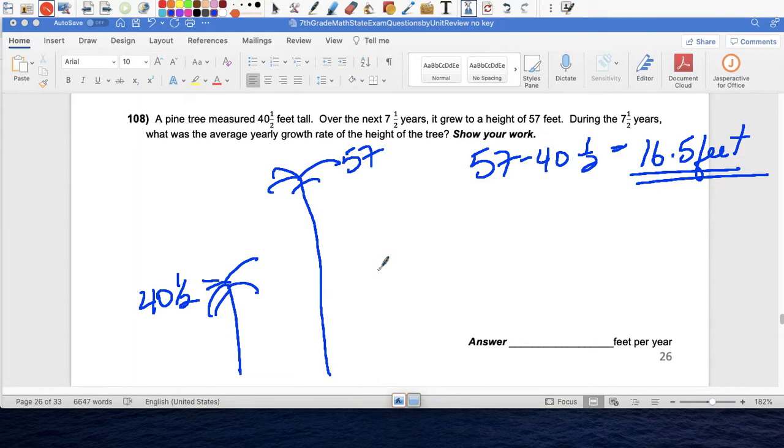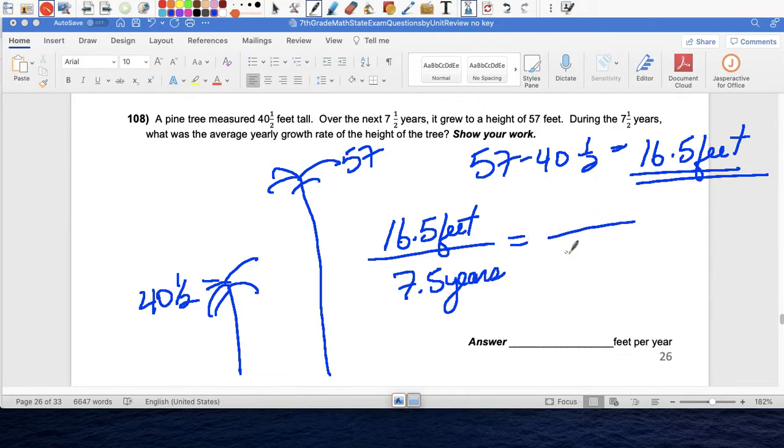I apologize. So we want to know how much it grew every year. What was the average growth per year? So we go 16.5 feet, that was the growth, divided by 7.5 years. What was the average per year?